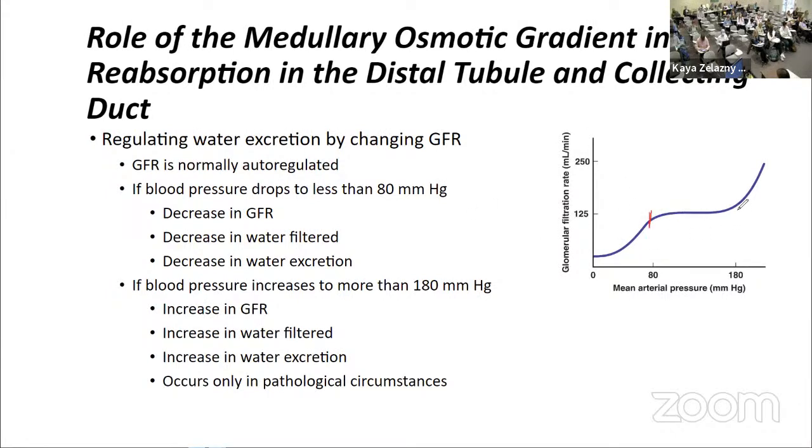Okay, so usually we're in this plateau where we have a glomerular filtration rate of about 125 milliliters per minute. And we really like to stay in that range regardless of our mean arterial pressure.